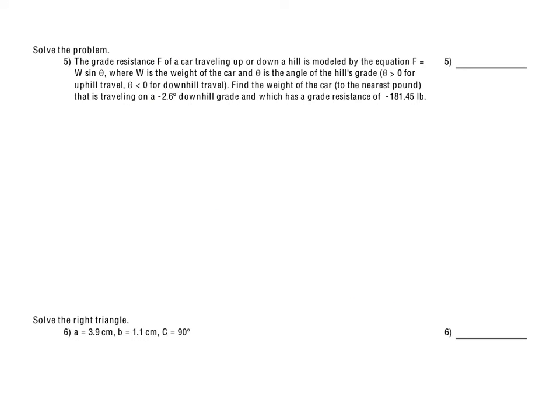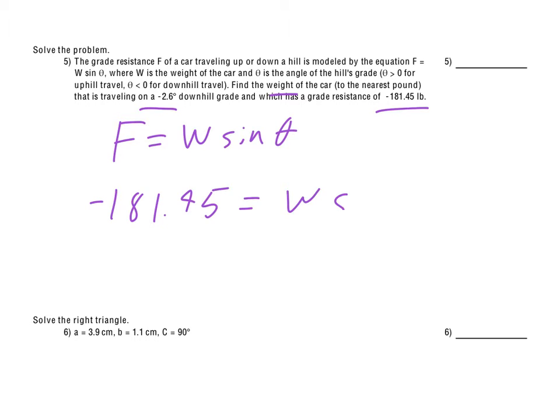So number 5, here's a formula that we are a bit familiar with. It's the force or grade resistance equals the weight of the vehicle times the sine of theta, where theta is the hill's grade, either uphill or downhill. In this case, they want us to find the weight if it's traveling at negative 2.6 degrees grade and the resistance is negative 181.45. So we know the resistance, negative 181.45. The weight is what we're trying to find, and we know that the angle is negative 2.6 degrees.